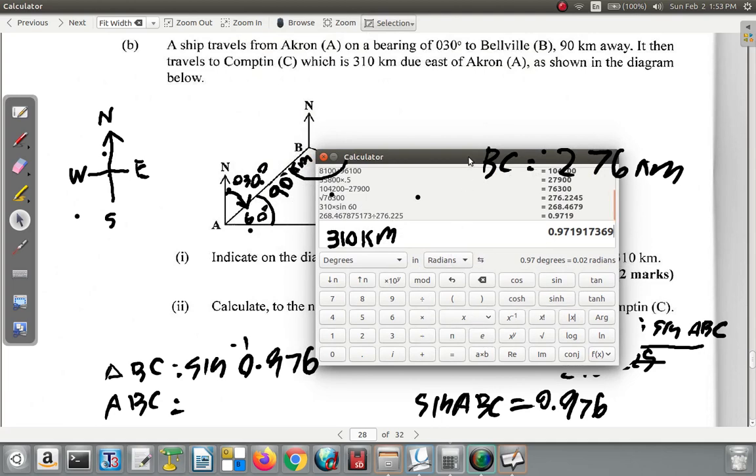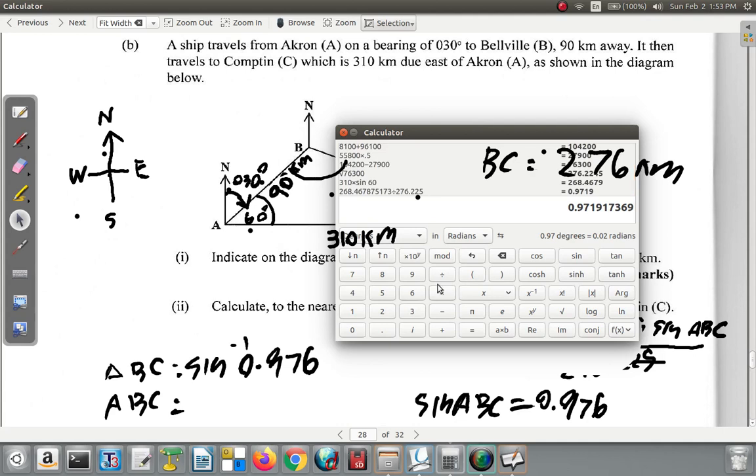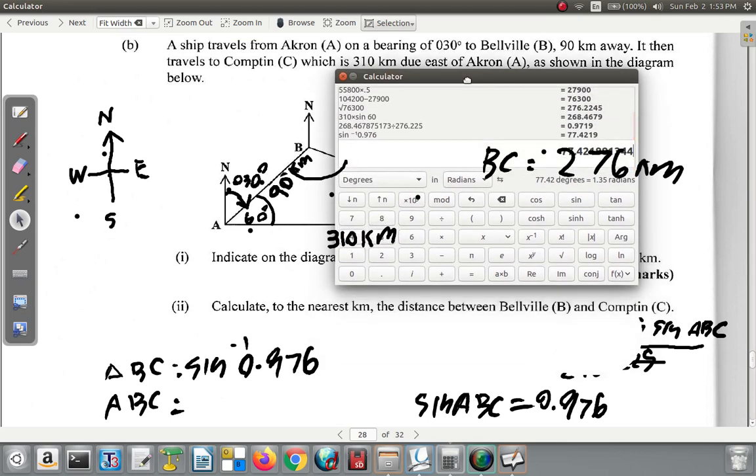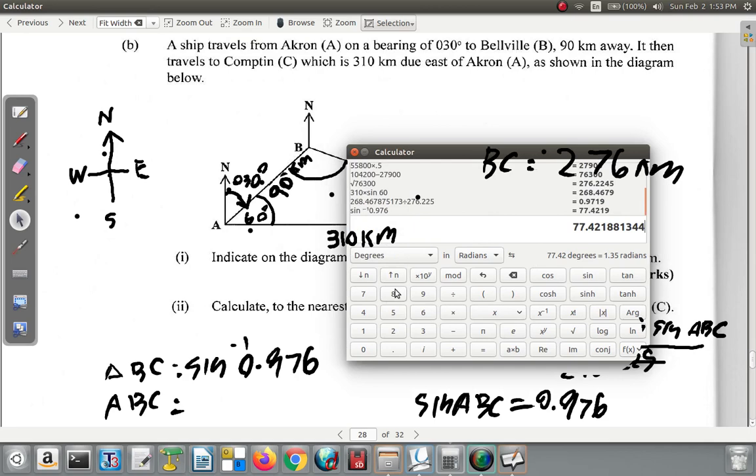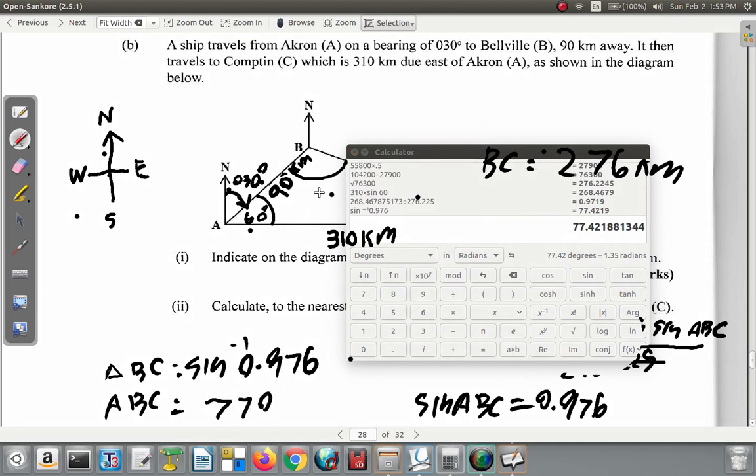In this case, with my calculator here, I say sine inverse of 0.972 equals 77 point something. It had said to the nearest degree, so I remember that it's 77 degrees. So this angle right here is 77 degrees.